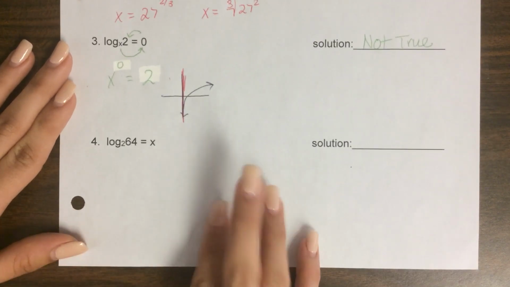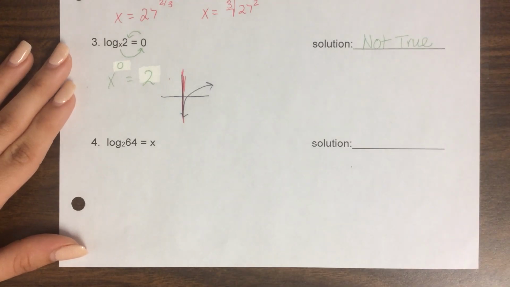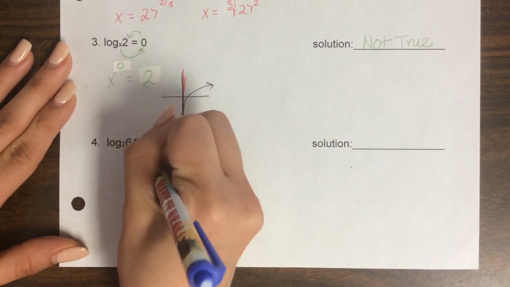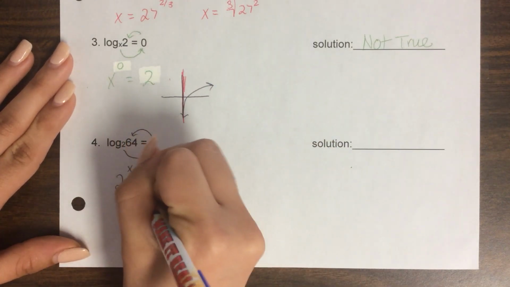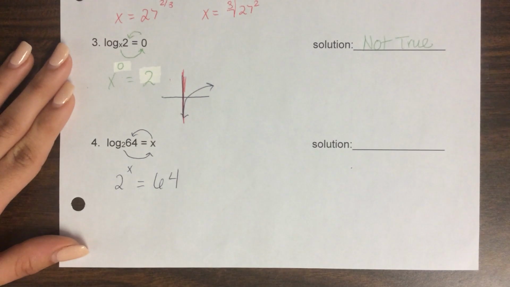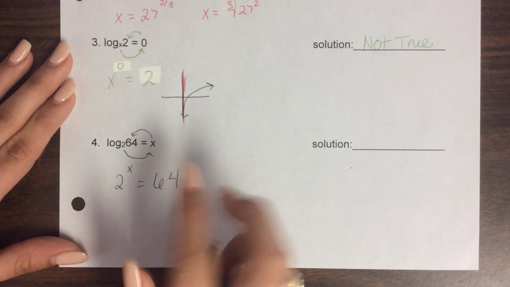So let's go ahead and try number 4. Let's do this wheel situation, log to exponential: 2 to the x is equal to 64. This is going back to a previous unit where I need to rewrite this with a base of 2, right?